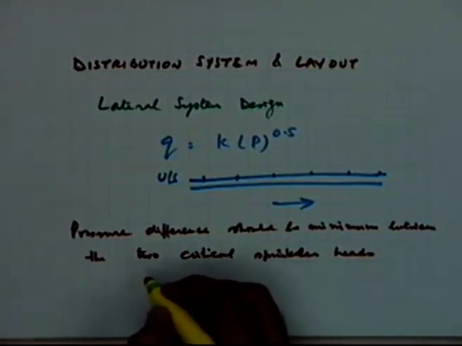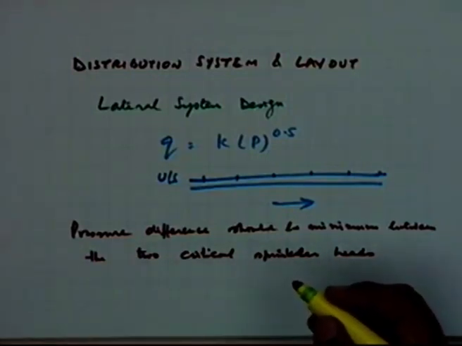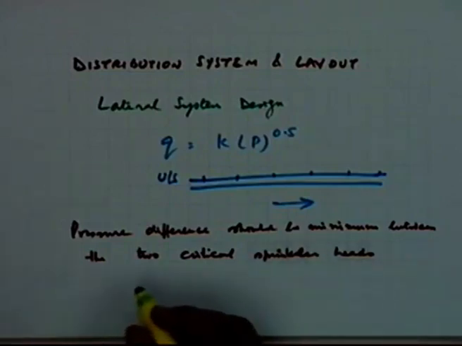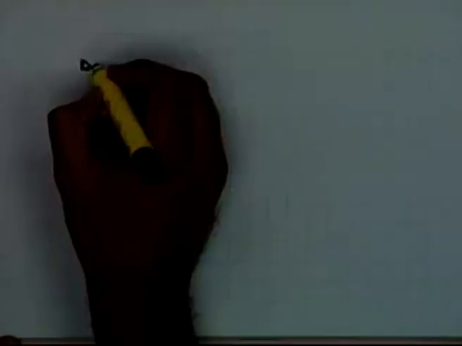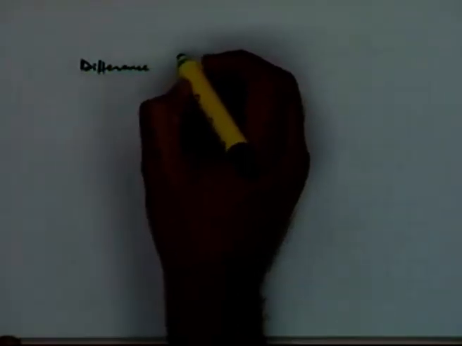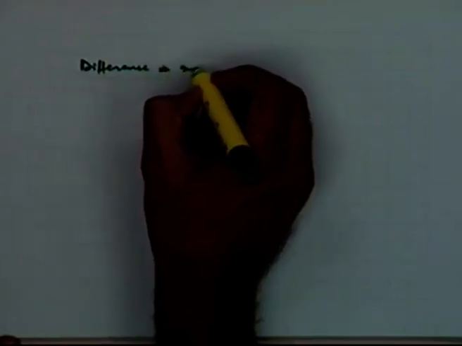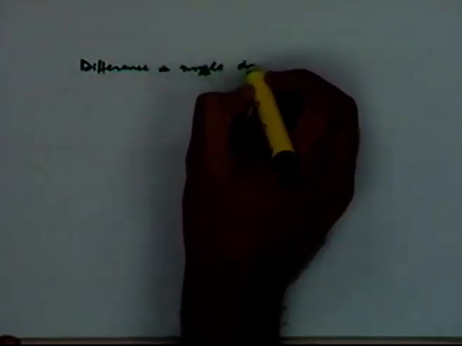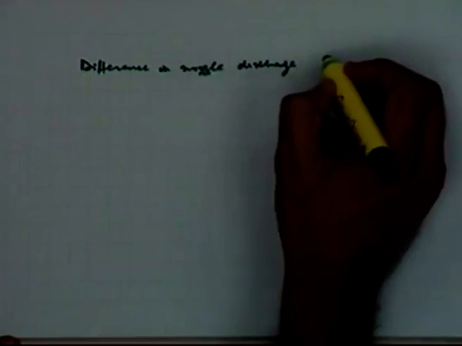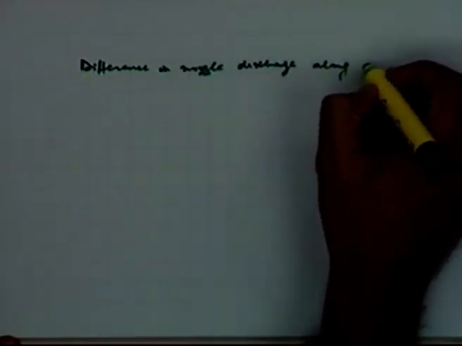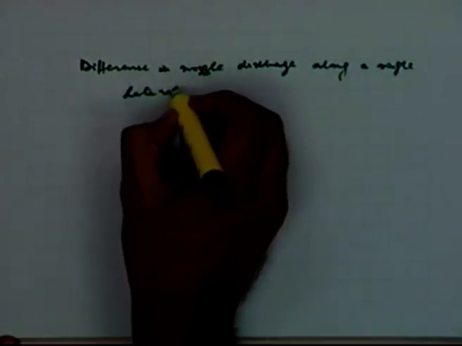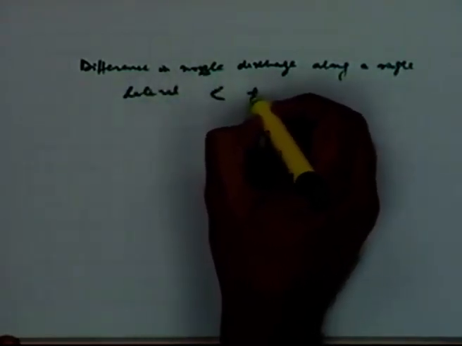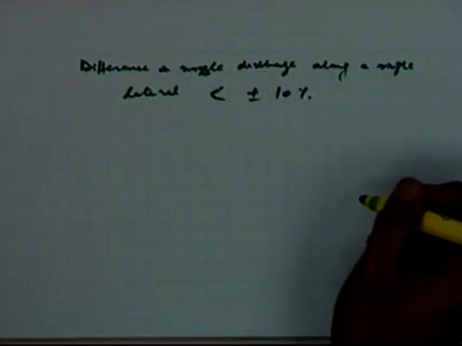Now, you can use either the pressure variation or the discharge variation. If you are using the discharge, then the difference in nozzle discharge along a single lateral should be less than plus or minus 10%.